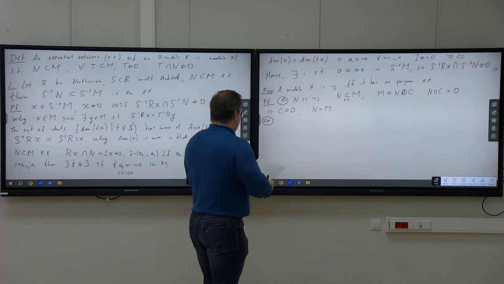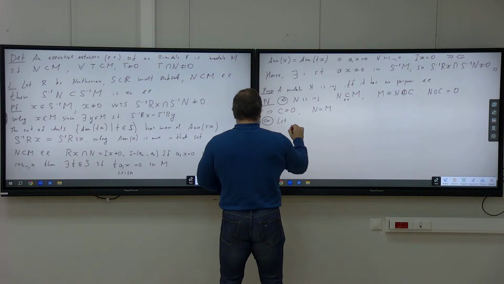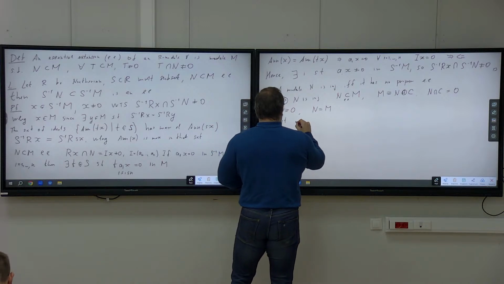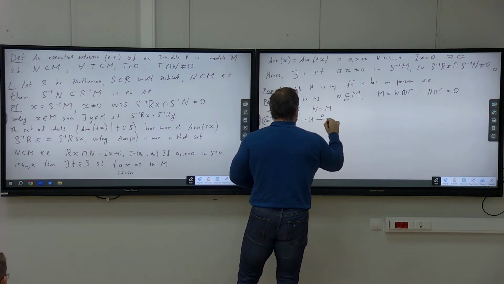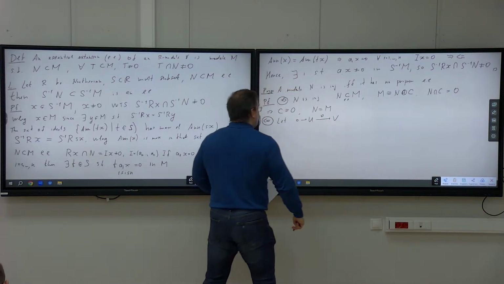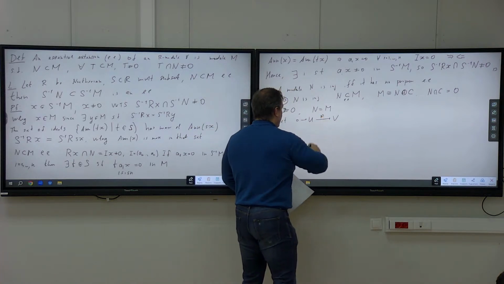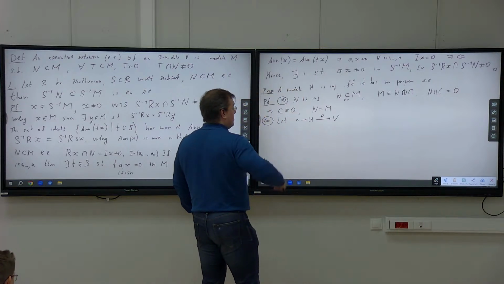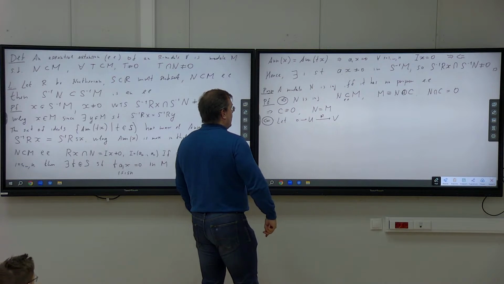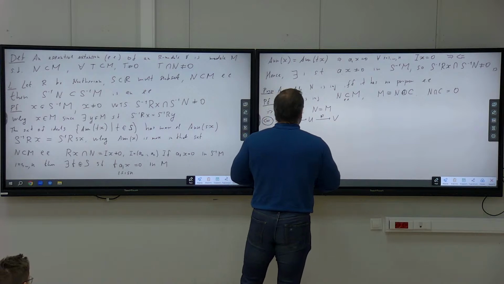The other direction is more interesting. So let's consider a situation where I have some monomorphism between modules U and V, call this monomorphism phi. I know that N has no proper essential extensions. I want to show that I can do the extension.